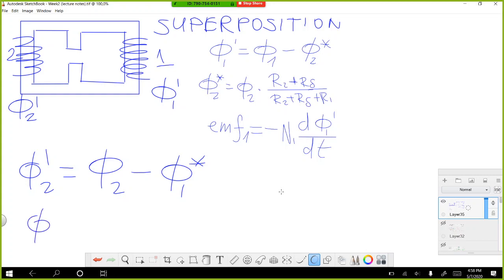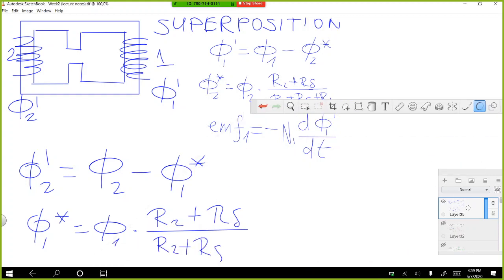Phi1 star can be found using the voltage division rule: phi1 multiplied by R2 plus R delta over R2 plus R delta plus R3.